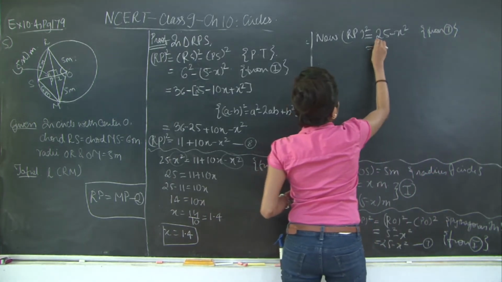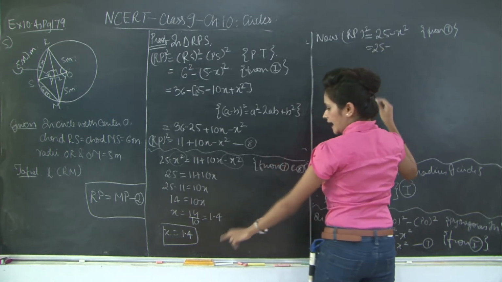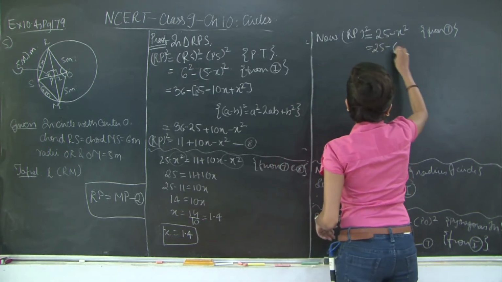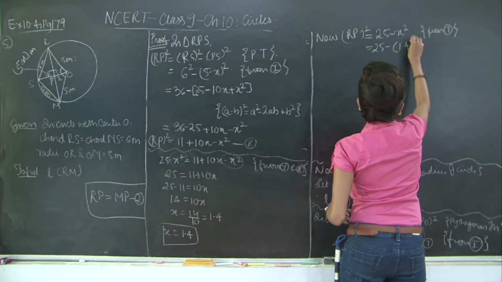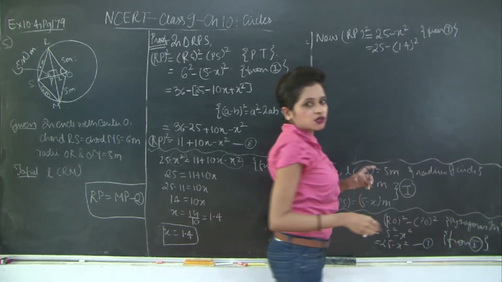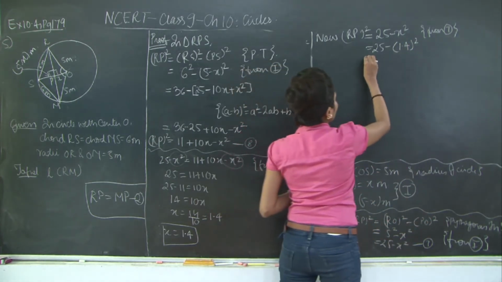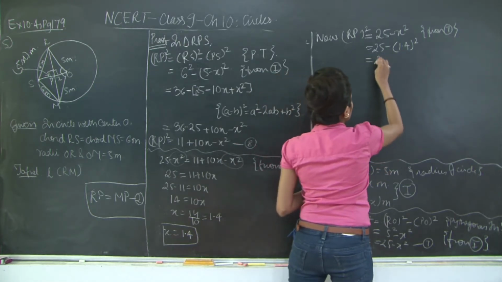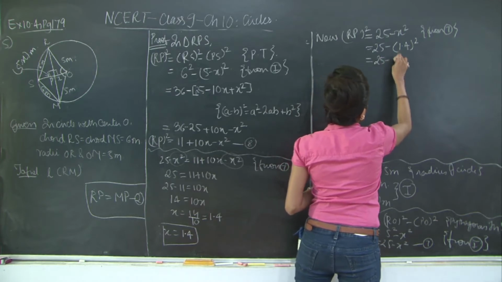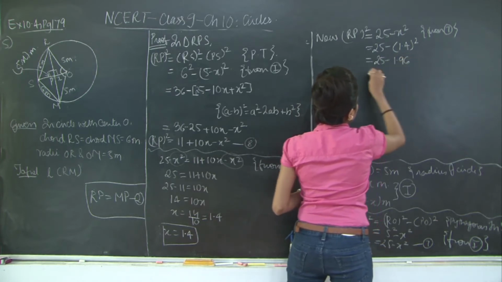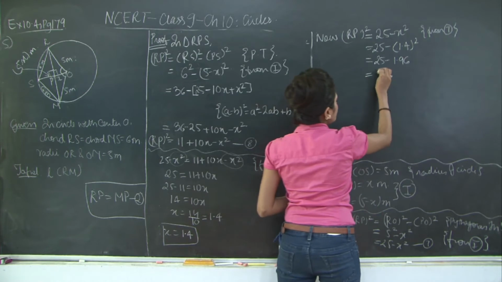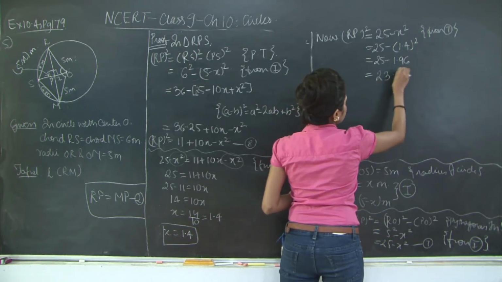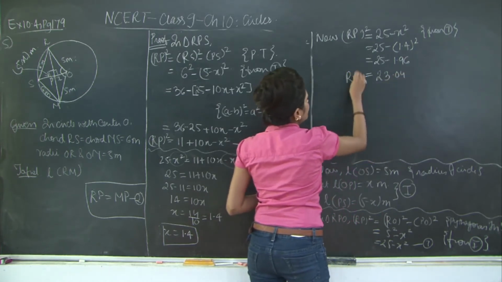So, this is going to be 25 minus x. X is what? 1.4. So, 1.4 square. You know that 14 square is 196. Therefore, 1.4 square will be 1.96. Therefore, 25 minus 1.96 is going to be 23.04. This is Rp square.